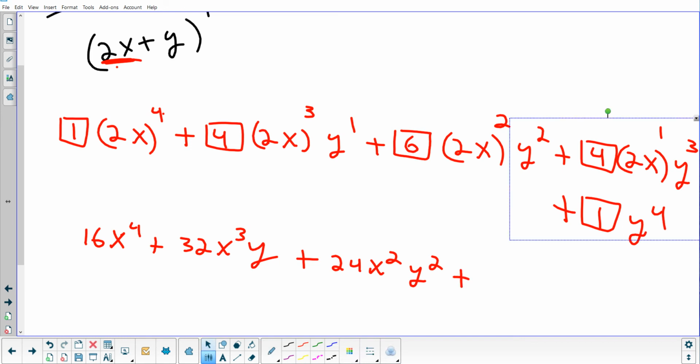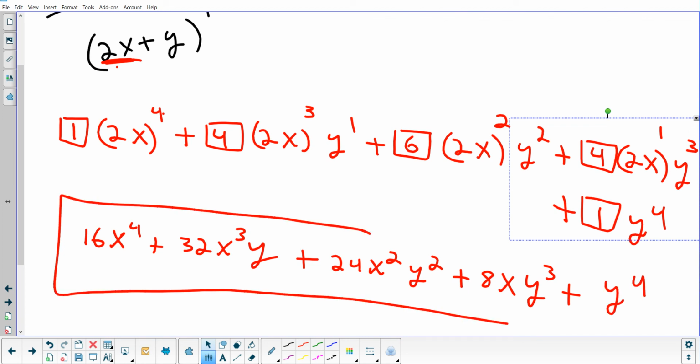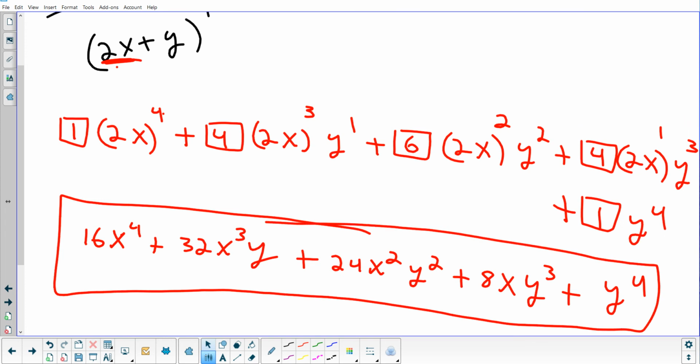What's 2 to the 1st power? 2 times 4. 8. X to the 1st power? X. Y cubed. And the last one, well, it's just 1 y to the 4th. Okay, so on that one, there's a little bit of simplifying you had to do because you had a product raised to a power. Any question on that one?